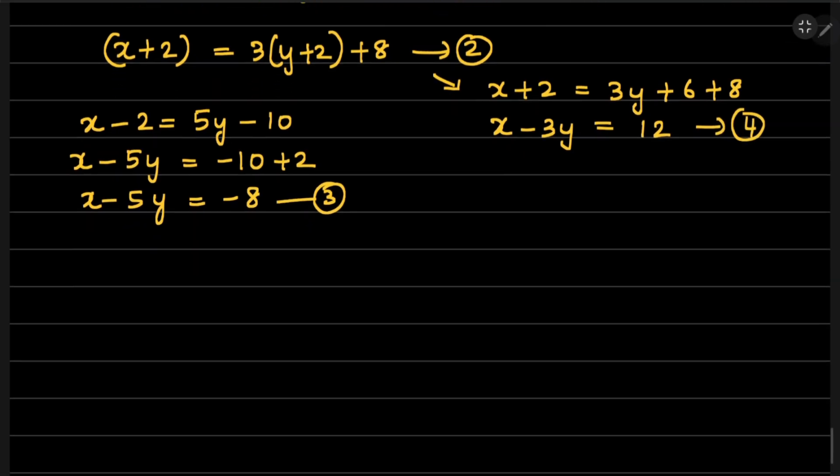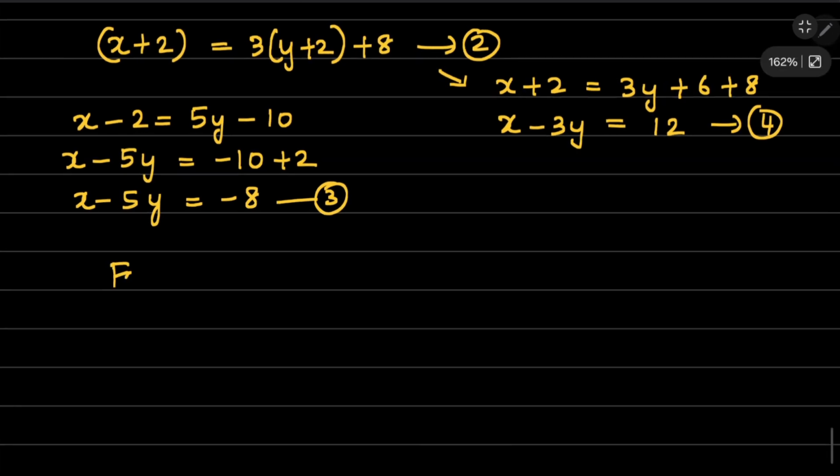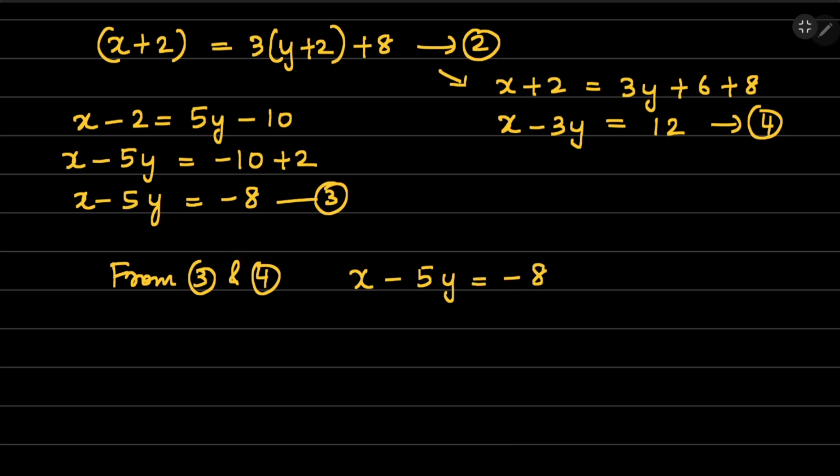Now let us take and solve equations 3 and 4. From equations 3 and 4, you have x minus 5y equal to minus 8, and x minus 3y equal to 12. Let's subtract, change the sign.